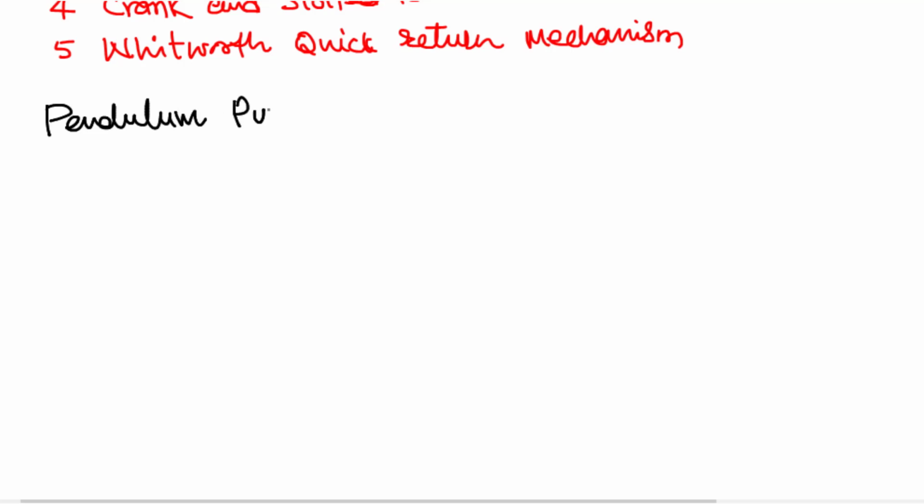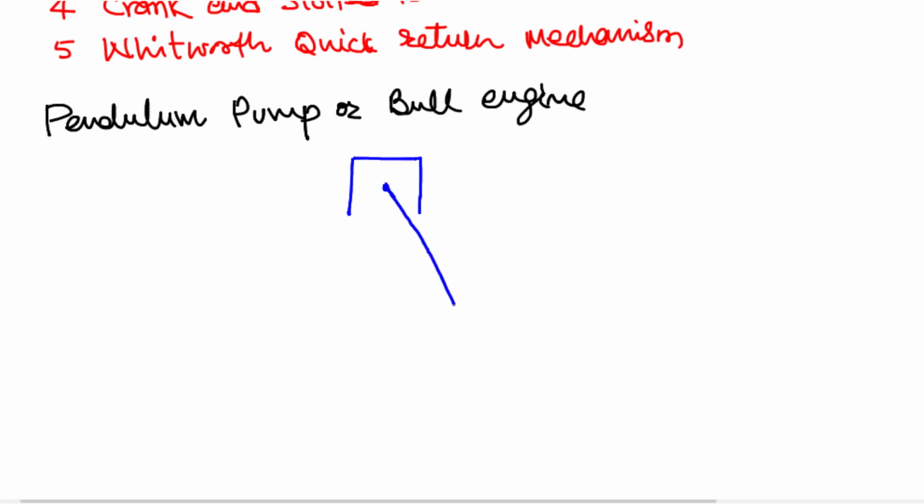Now this is cylinder. This is connecting rod. This is crank, and it is connected to a second.